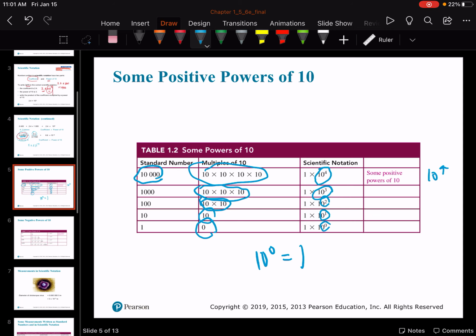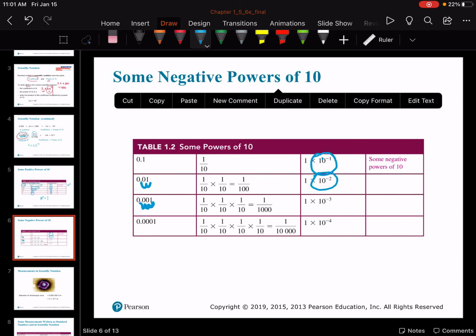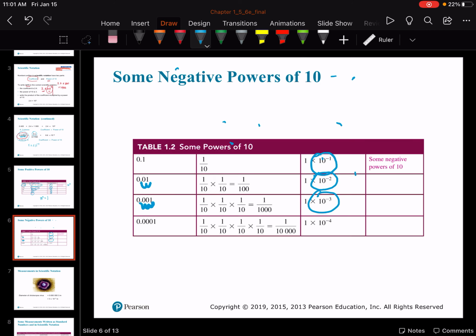All right, so let's look at some more examples. Some other powers of 10 are 0.1, which is 1 times 10 to the minus 1, right? Or 1 times 10 to the minus 2. Or 1 times 10 to the minus 3.